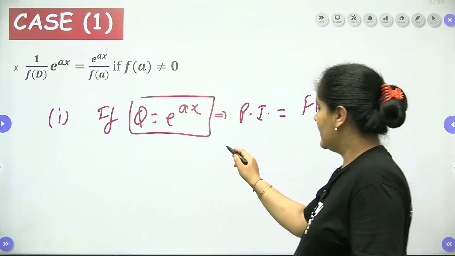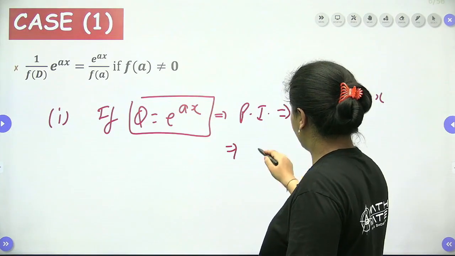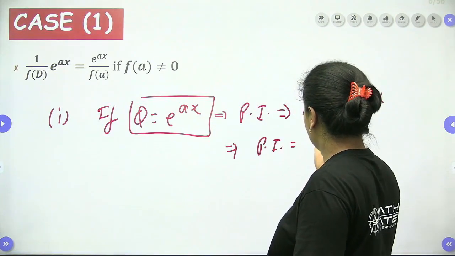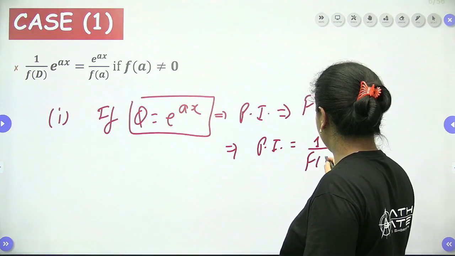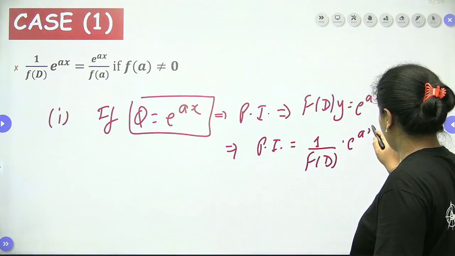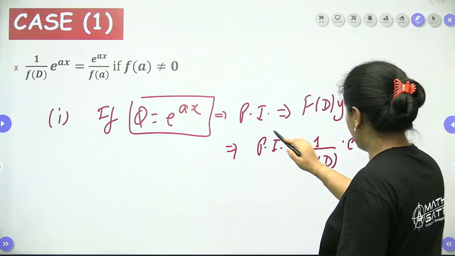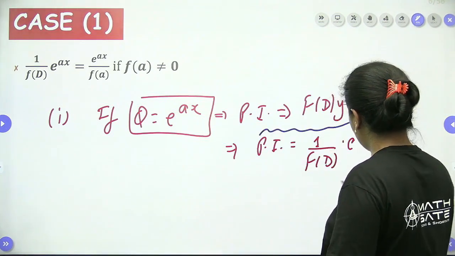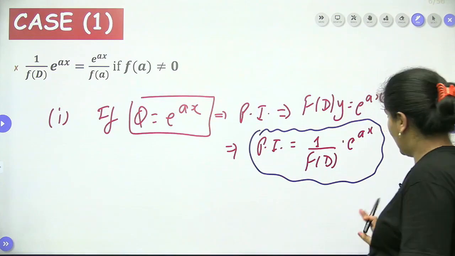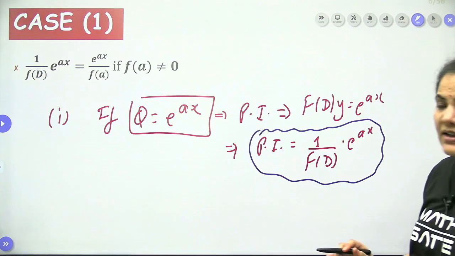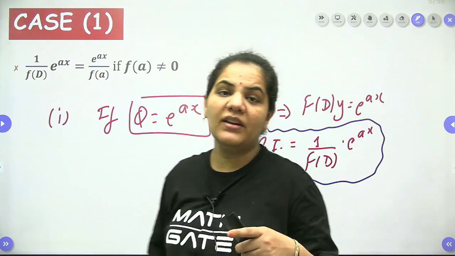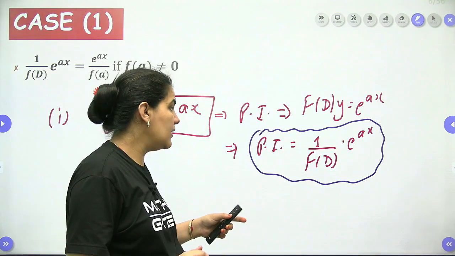So your PI will be 1 by f(D) into e to the power ax. Just remember this thing, your PI will be 1 by f(D) into e to the power ax, okay?